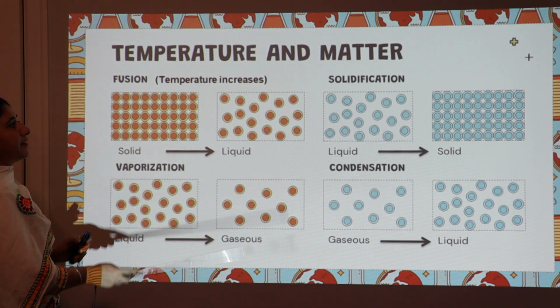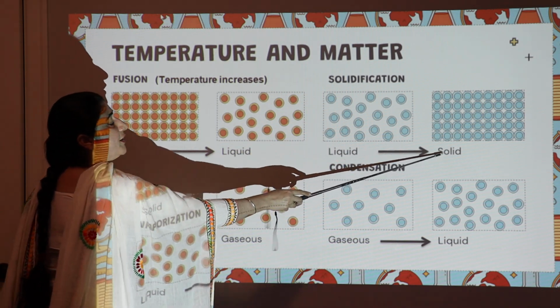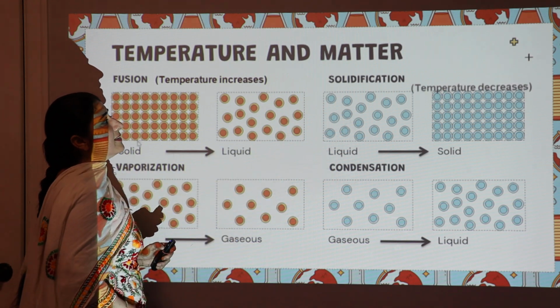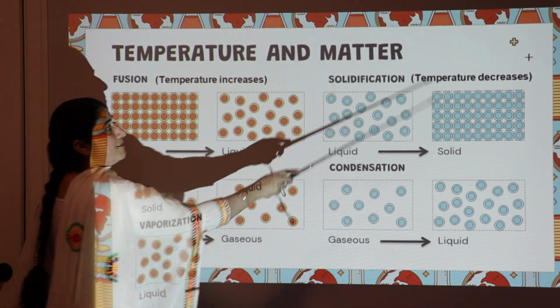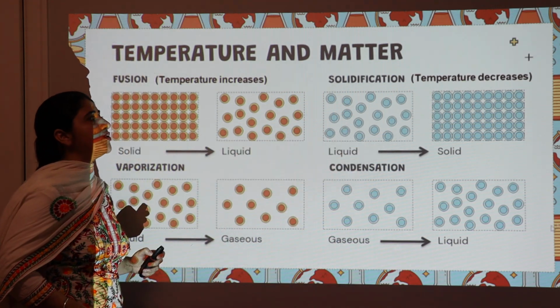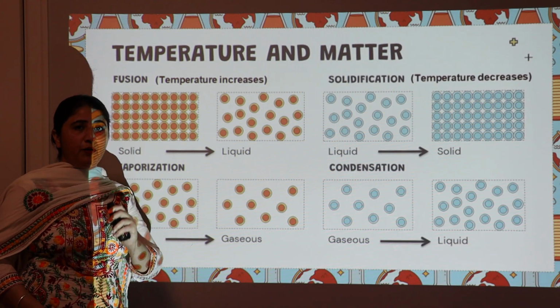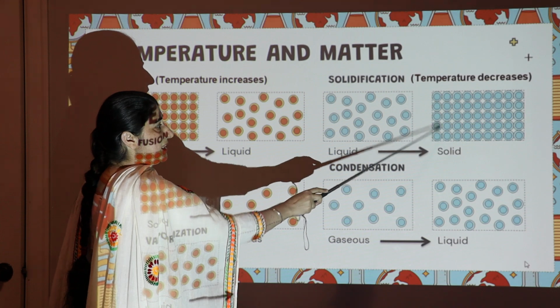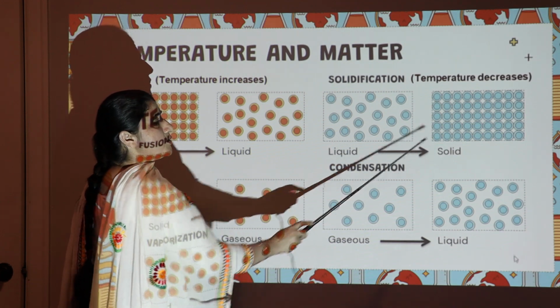In the opposite direction, when the liquid is converted into solid, which is known as solidification, this process takes place when the temperature decreases. So why does it take place? When the temperature decreases, the particles come closer and the arrangement becomes regular, means liquid is converted into solid.